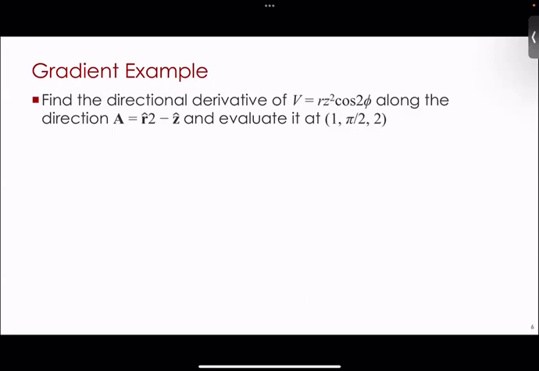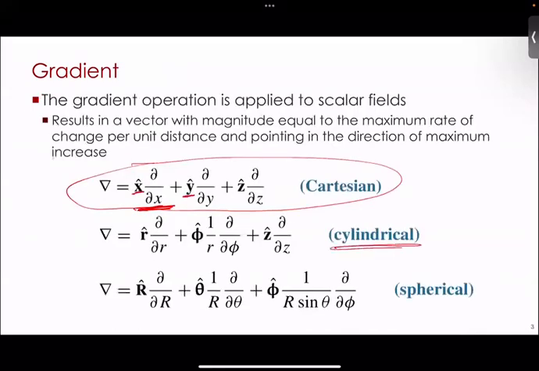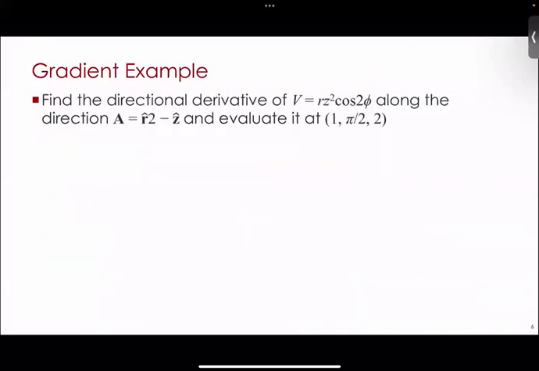But remember, for a directional derivative, the first thing we have to do is calculate the regular old gradient. You'd come here and you go, oh, but I'm in the cylindrical coordinate system, so you would need to do this first. All right, r hat, and then the partial derivative with respect to r. What would that be?